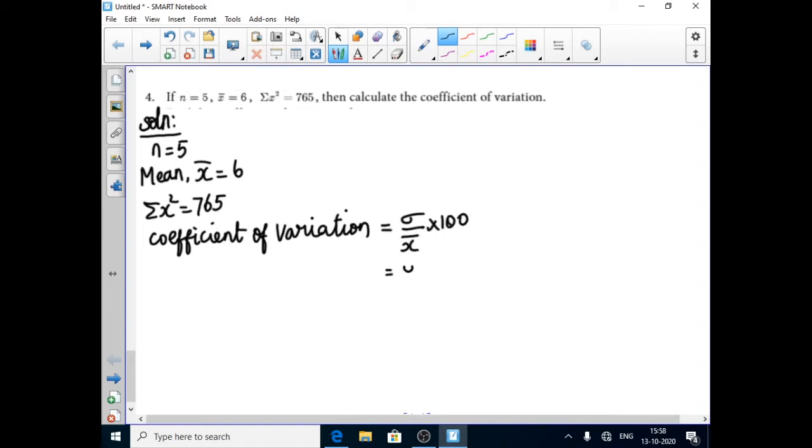That is equal to sigma by x bar value, it is given as 6, into 100. Standard deviation is not given, so we have to find standard deviation. Take it as first equation. Now we calculate the standard deviation to find sigma.